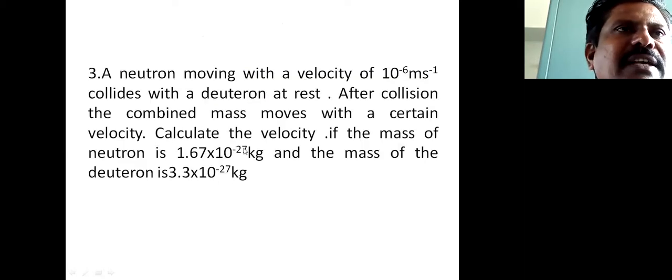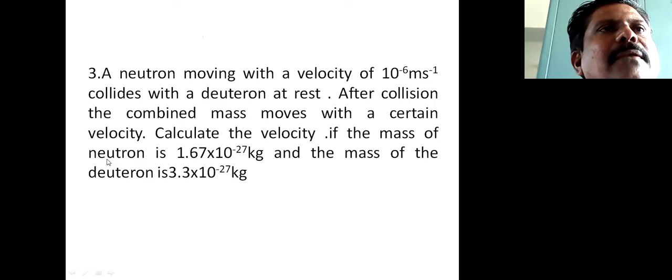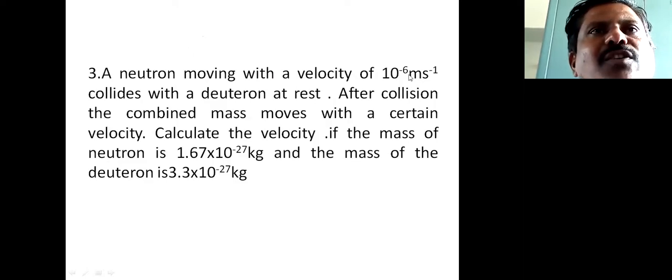Here, we are asked to calculate the velocity of that packet, given the mass of one neutron and the mass of the other.